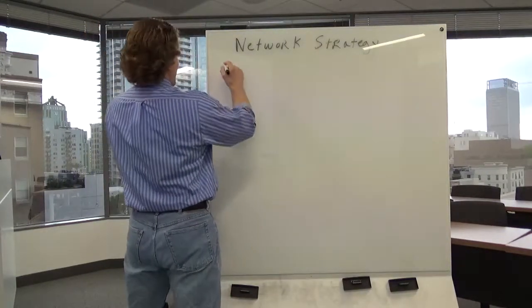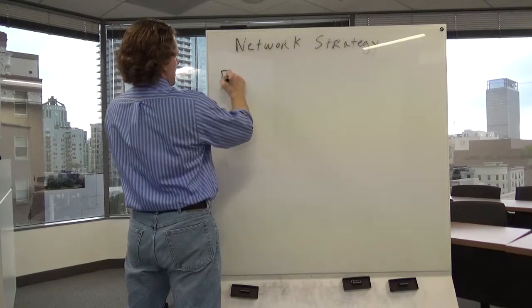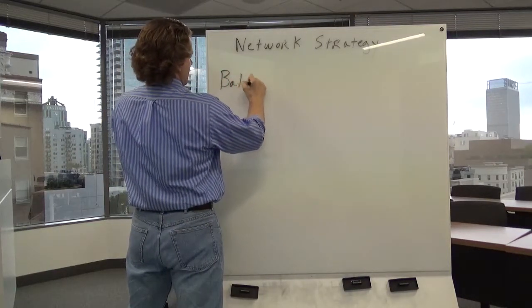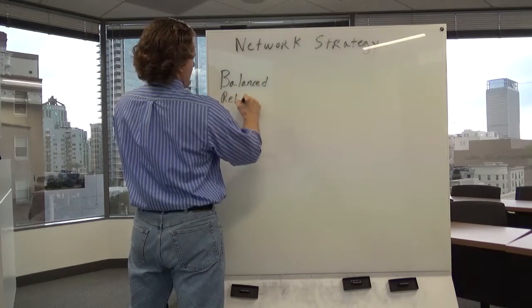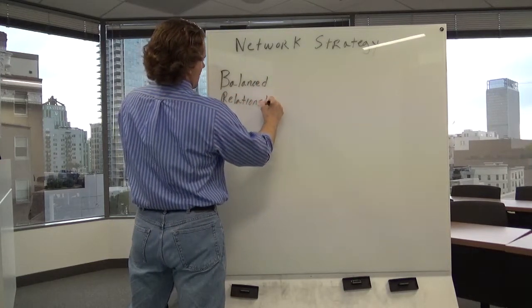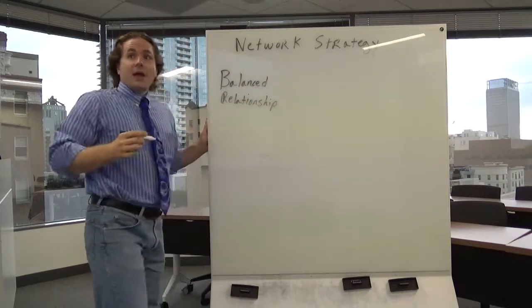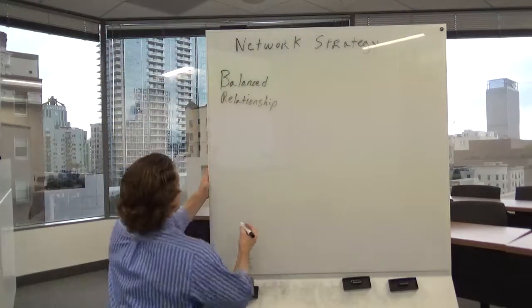So on your y-axis, you have your balanced relationship. And then you'd have an unbalanced relationship.